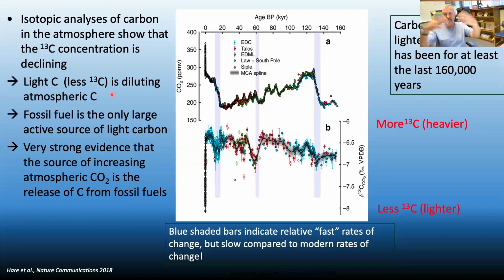It's the source that's getting up there. That's us. And in fact, that value is much lighter now than it's been at any other time over the last 160,000 years.